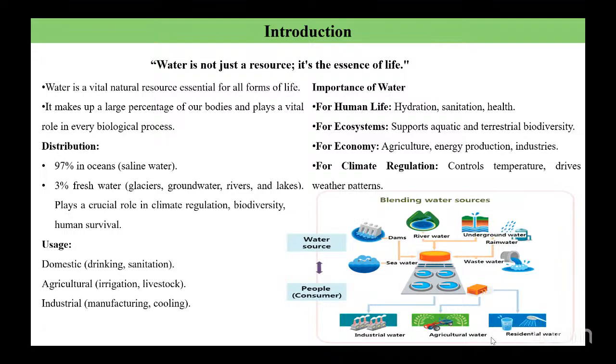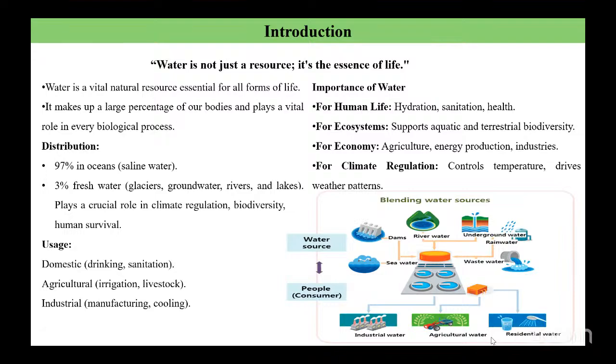It is basically the water cycle, as we say. Wherever it is, however much water it is, whether it is getting polluted or contaminated, it is ultimately leading to climate change, and it regulates the temperature, it also regulates the biodiversity, and also human survival.